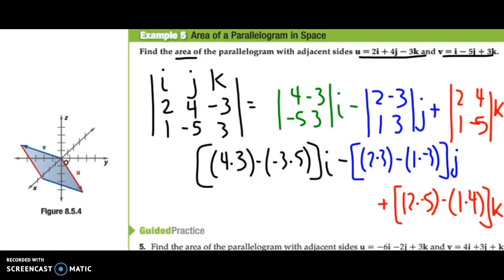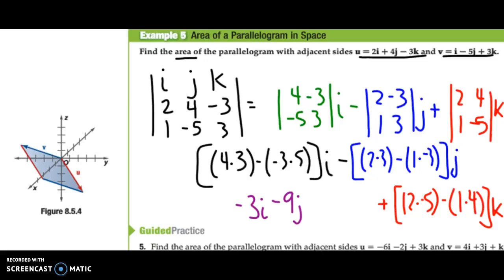Alright, and so I go through all the math with it. 4 times 3 is 12 minus a negative 15, so that's going to be negative 3i. Then 2 times 3 is 6 minus a negative 3, so that would be 6 plus 3 is 9j, so minus 9j.